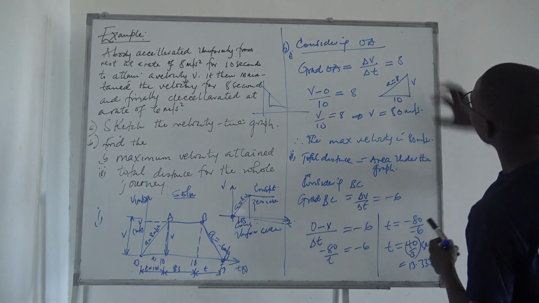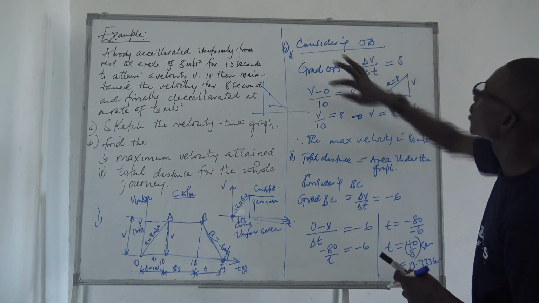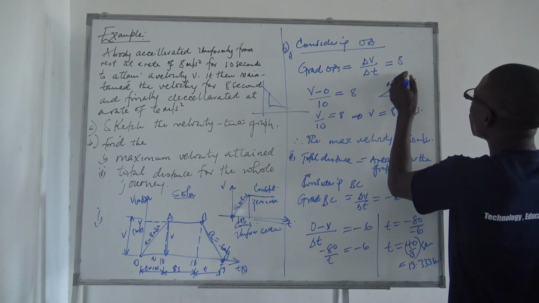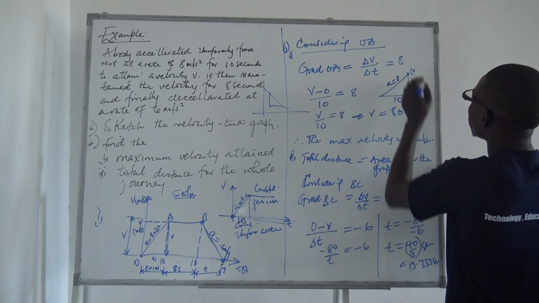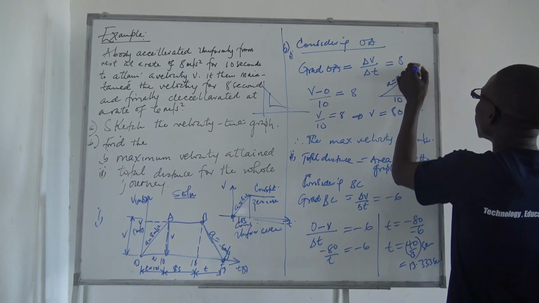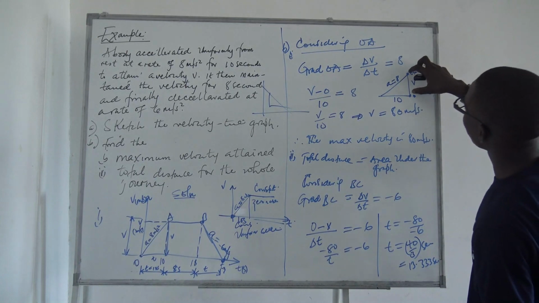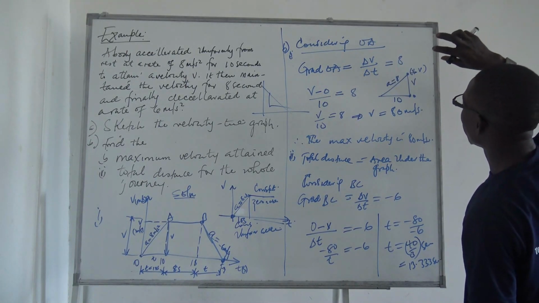So that means that the gradient is change in Y over change in X, and the change in Y is V, isn't it? Or you say V minus 0, because it would be the value here minus the value here, which is V minus 0. Or you can just say it is V out of 10.